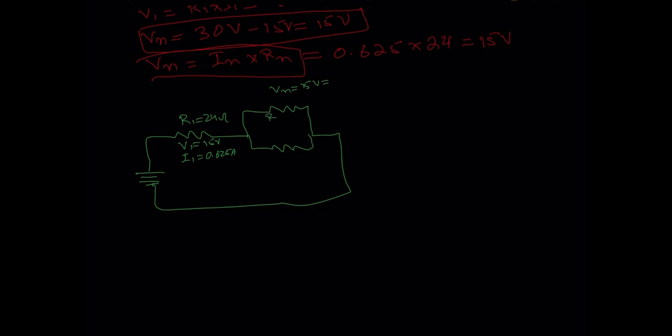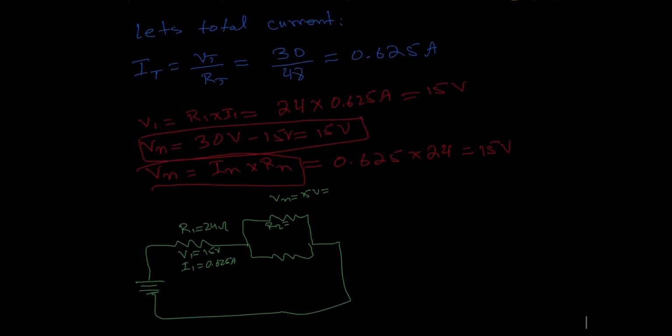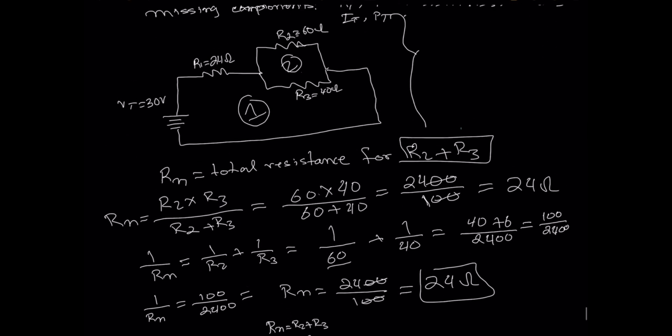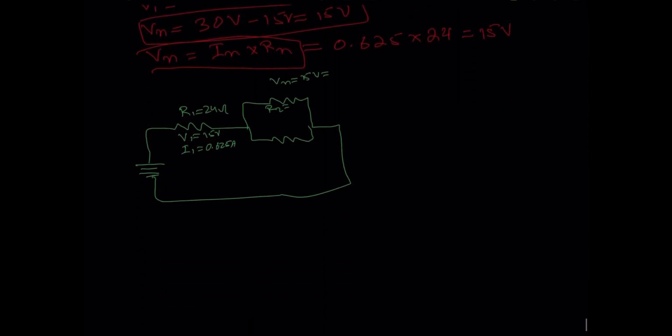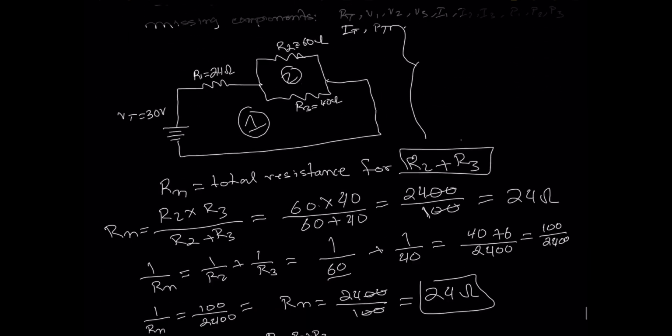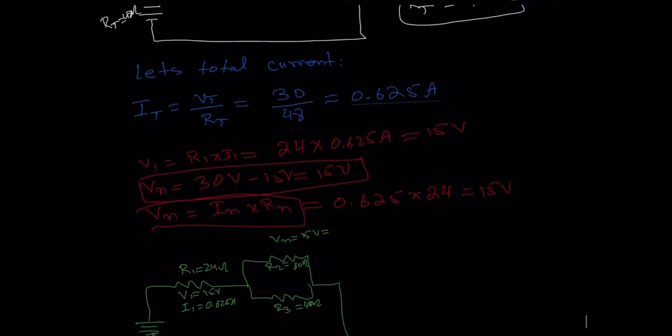This is resistor number 2. Resistor number 2 was 60 ohm, and R3 is 40 ohm. Okay, let's see if that is correct. Yes, 60 and 40 ohm.